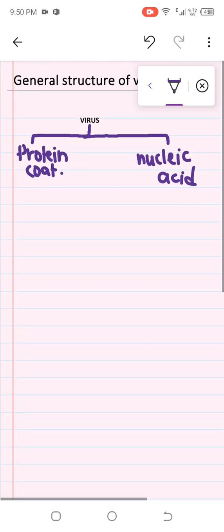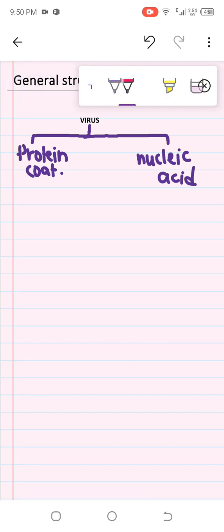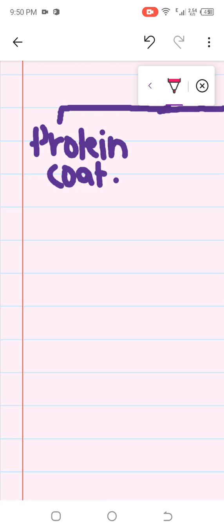If I talk about the protein coat, the viral protein coat is known as the capsid.